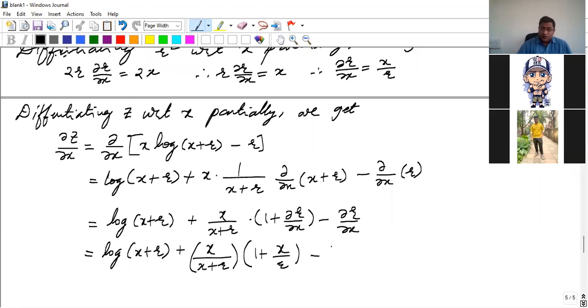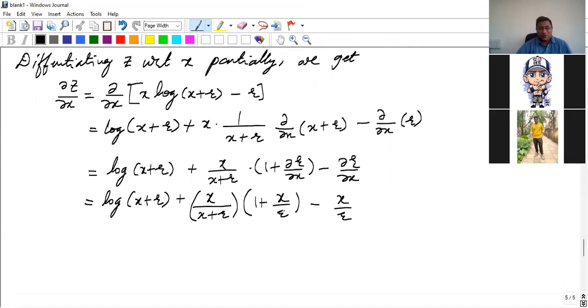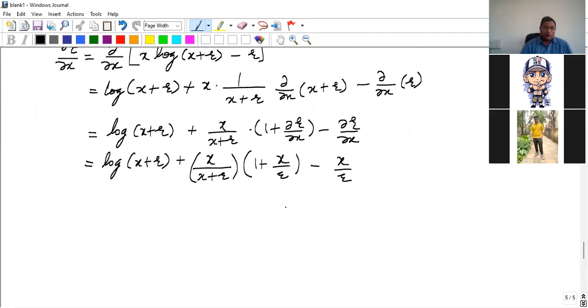So this is x by r, and minus this is going to be x by r. Don't be in a hurry, that is the most important thing. Otherwise, you will cancel this x by r and this x by r. So don't be in a hurry. Sir, here r will not be considered as constant.